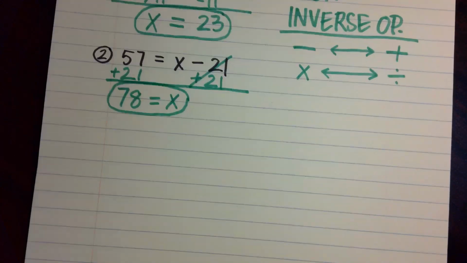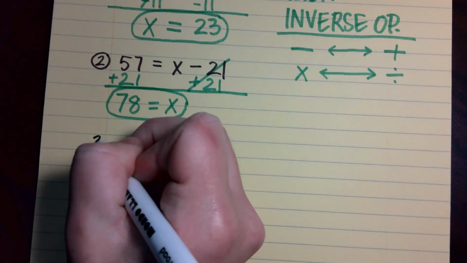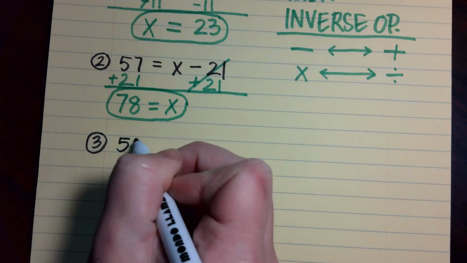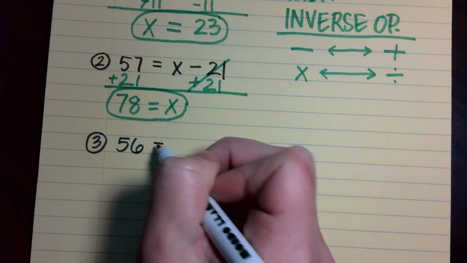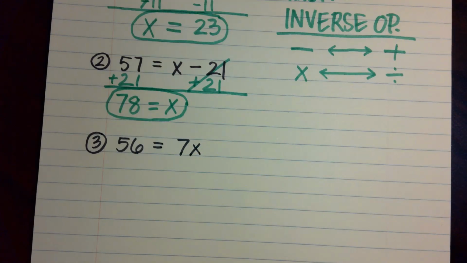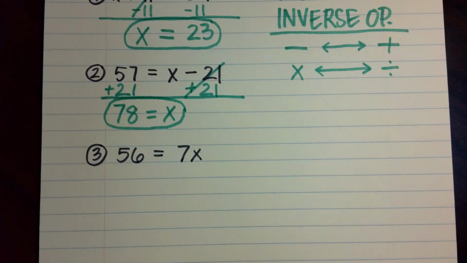Number 3 got a little bit trickier. We had 56 equals 7 times x. What do I need to do here?